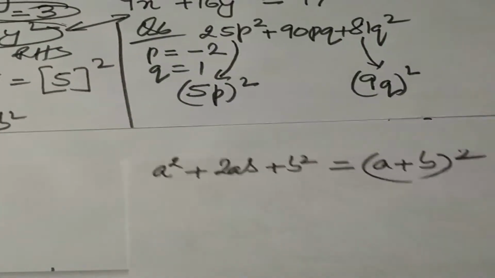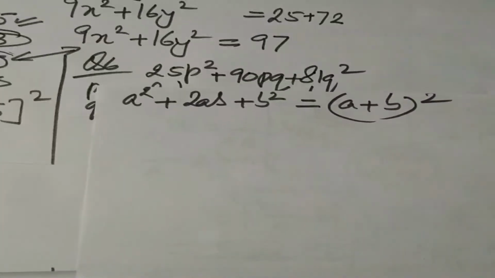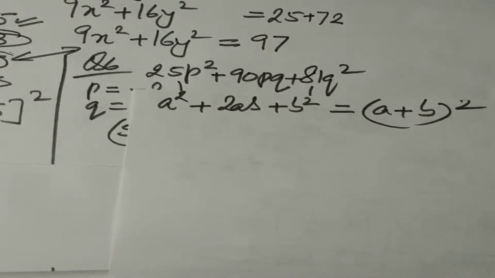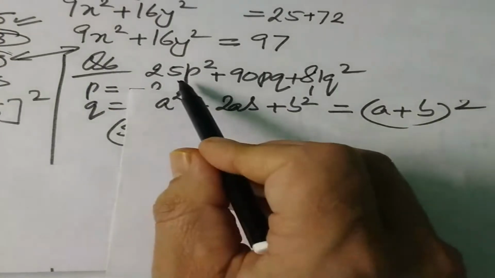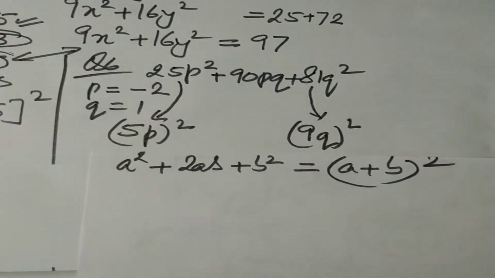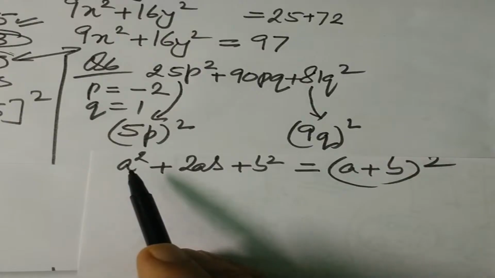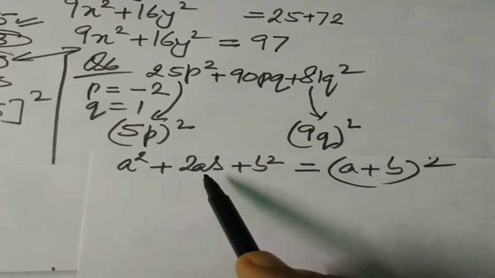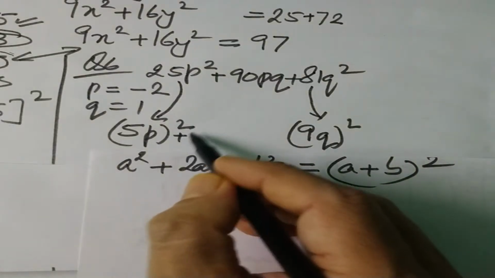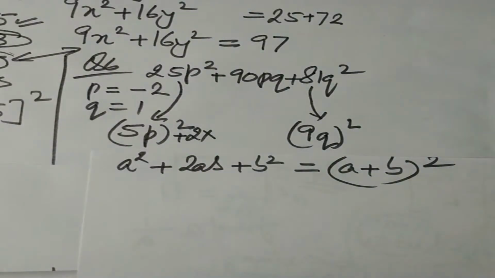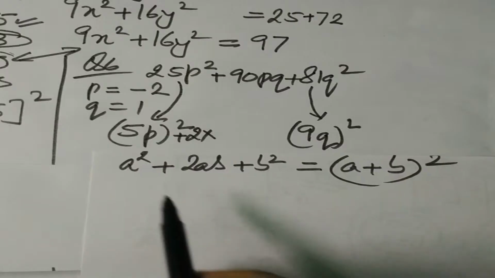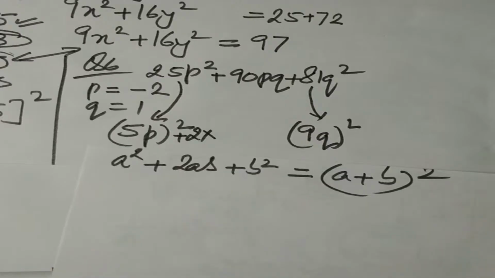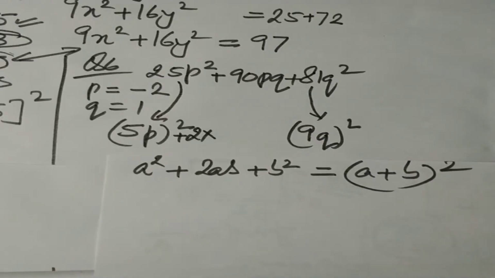See, the question is matching the formula. So what is a square and what is b square? To make it a square, I have written it as 5. So a is 5, b is 9. So what will be 2ab? 2 into a into b.